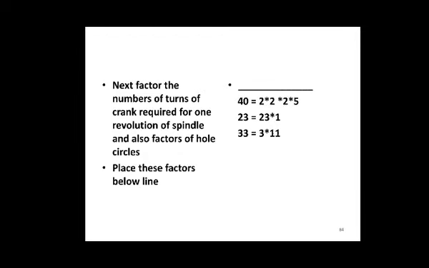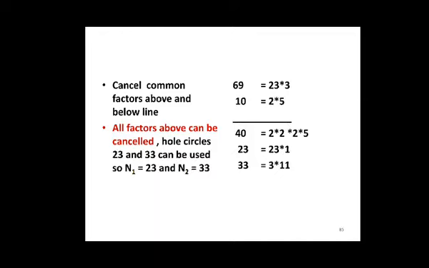Okay, so now cancel common factors above and below the line. So all factors you can see, 23, 23, 3, 3, 2, 2, so all factors above can be cancelled.